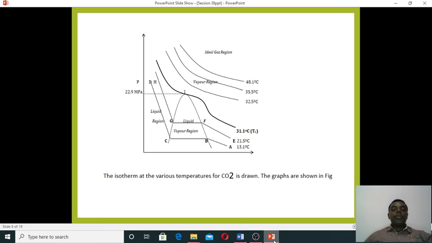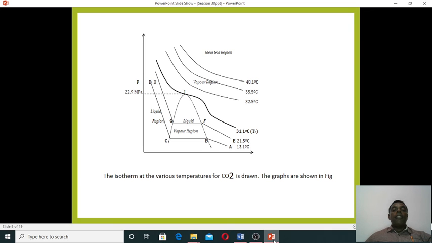The curve ABCD is for 13.1, EFGH is for 21.5, and the others are for 31.1, 32.5, 35.5 and 48.1. These are the isotherms obtained by Andrews for carbon dioxide.